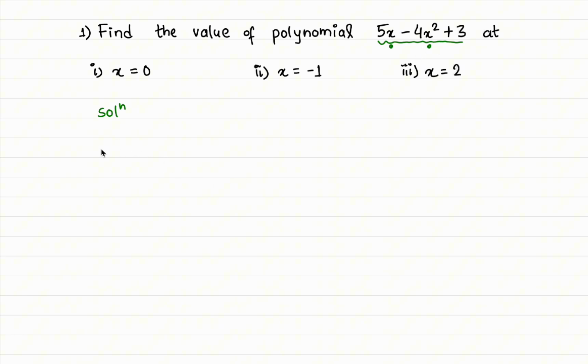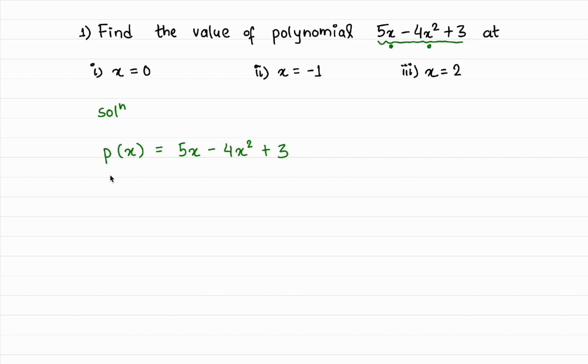we are going to write this polynomial as it's a polynomial in x, which is equals to 5x minus 4x squared plus 3. So we are just writing this polynomial over here as a polynomial in x.